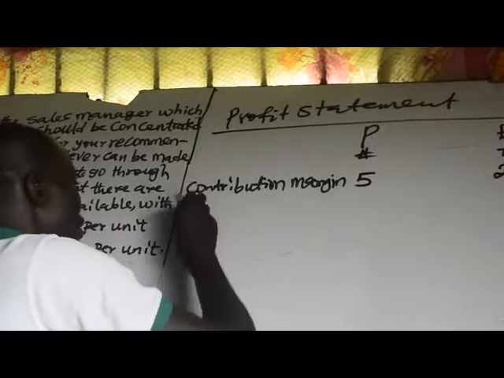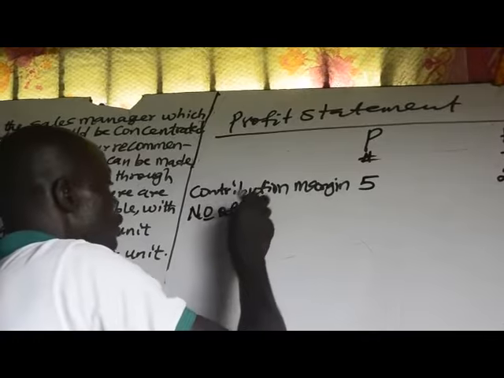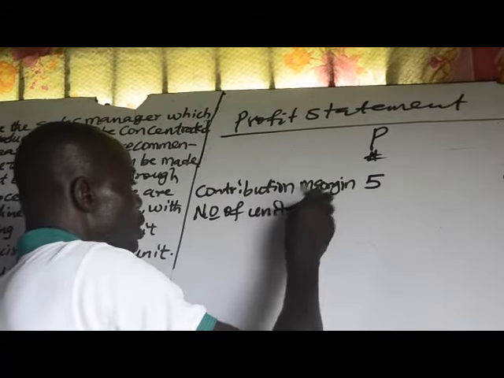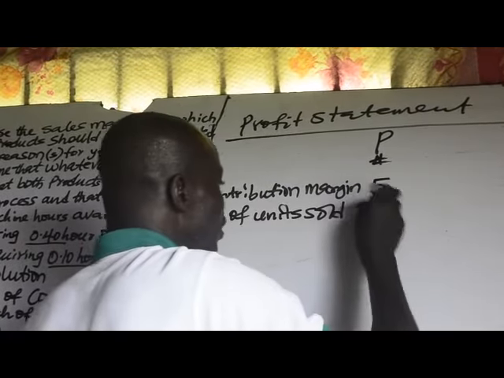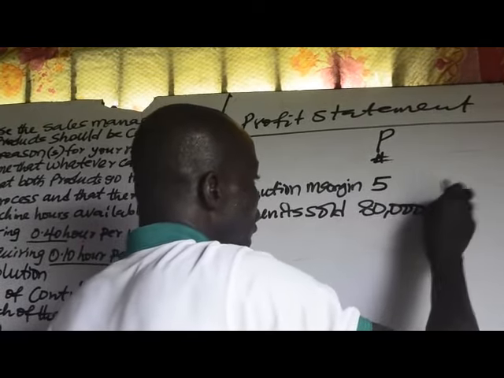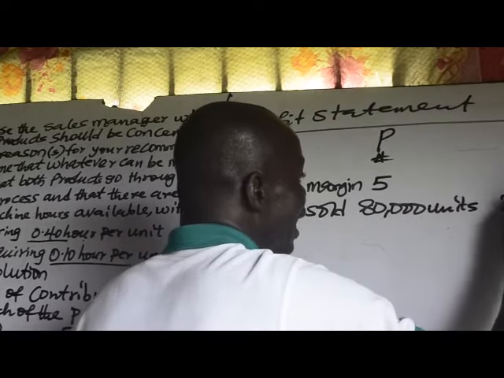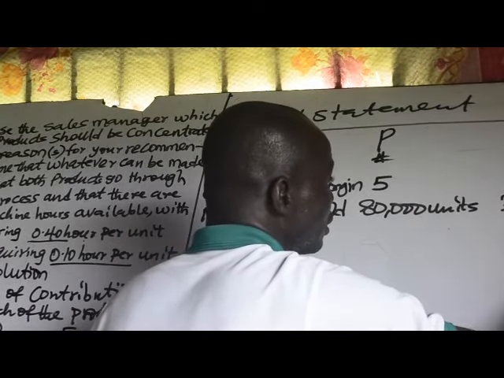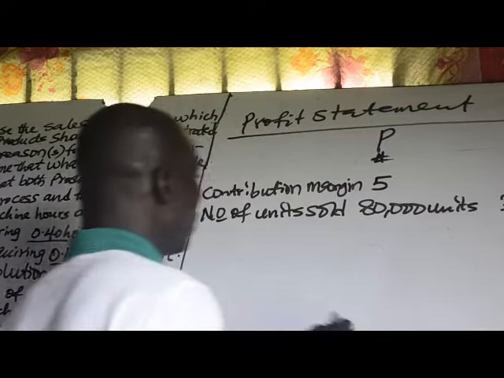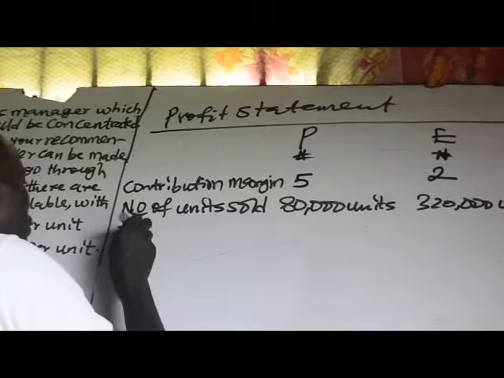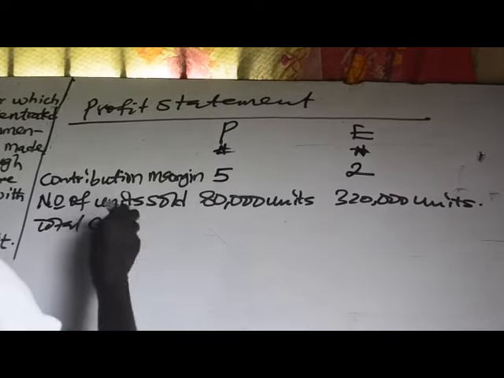Number of units sold or produced: 80,000 units and 320,000 units. So what is the total contribution now?